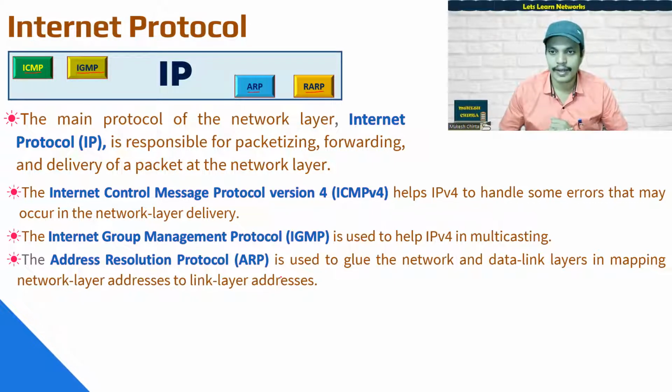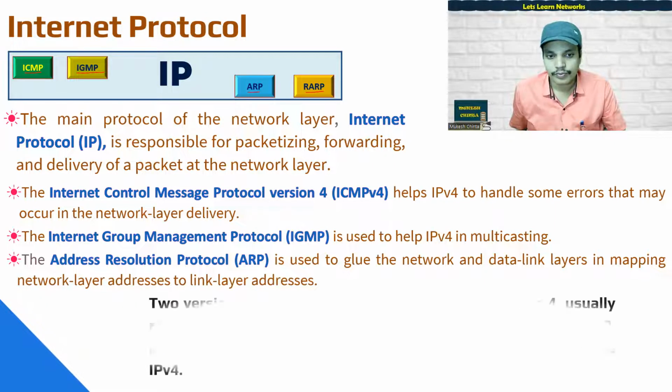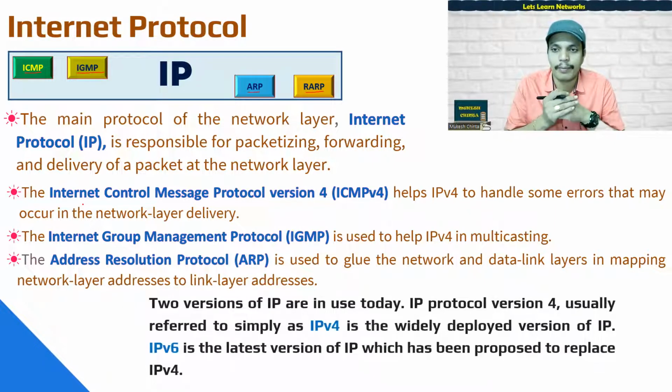So if I know the IP address and I want to find out the MAC address, then I use the ARP protocol. RARP stands for Reverse ARP, which works the reverse way. If I know the MAC address and I want to find out the IP address, then I can use this.